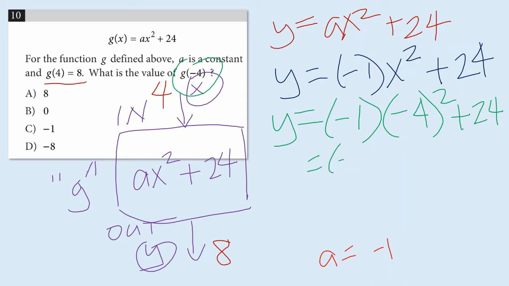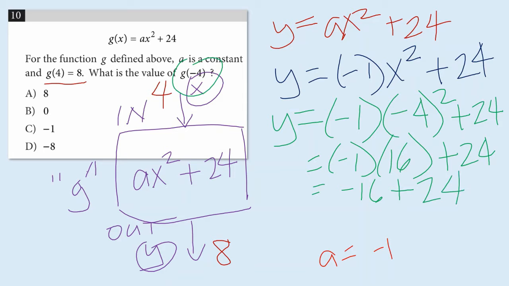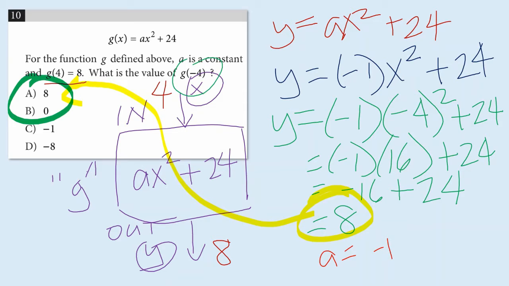So this is negative 1 times 16 plus 24, which is negative 16 plus 24, which is equal to 8. So I've got my answer of 8, and I'm going to select A. So A is the answer.